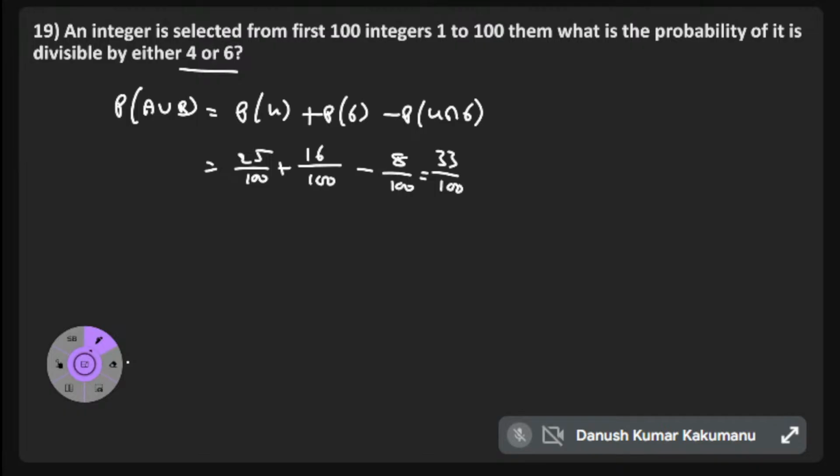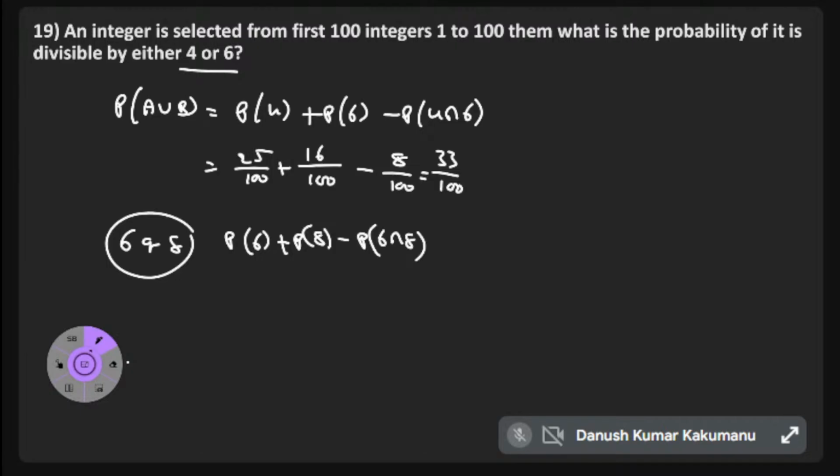If it is divisible by 6 or 8, what is the answer? An integer is selected from the first 100 natural numbers, 1 to 100. What is the probability that it is divisible by 6 or 8? Probability of 6, plus probability of 8, minus probability of 6 intersection 8.